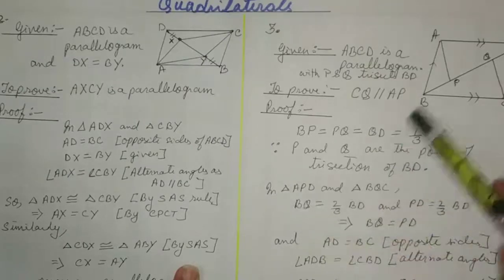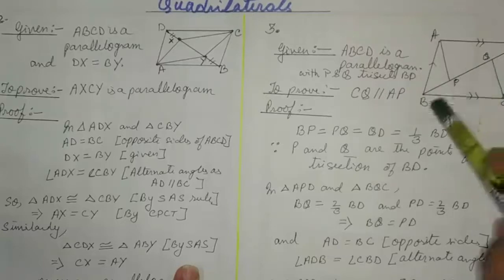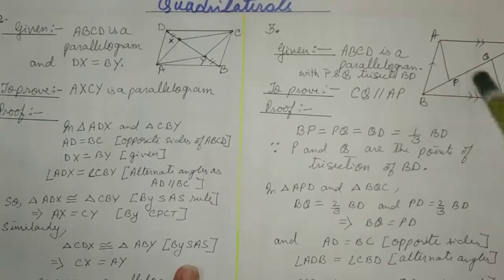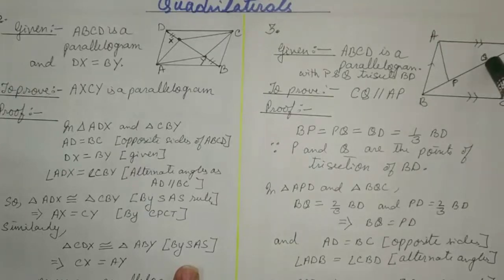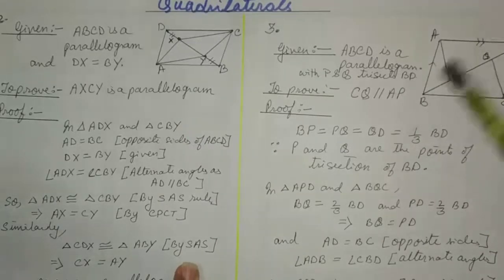Now in triangle APD and triangle BQC, BQ is equal to 2/3 of BD and PD is equal to 2/3 of BD. Therefore, we can say that BQ and PD are equal.